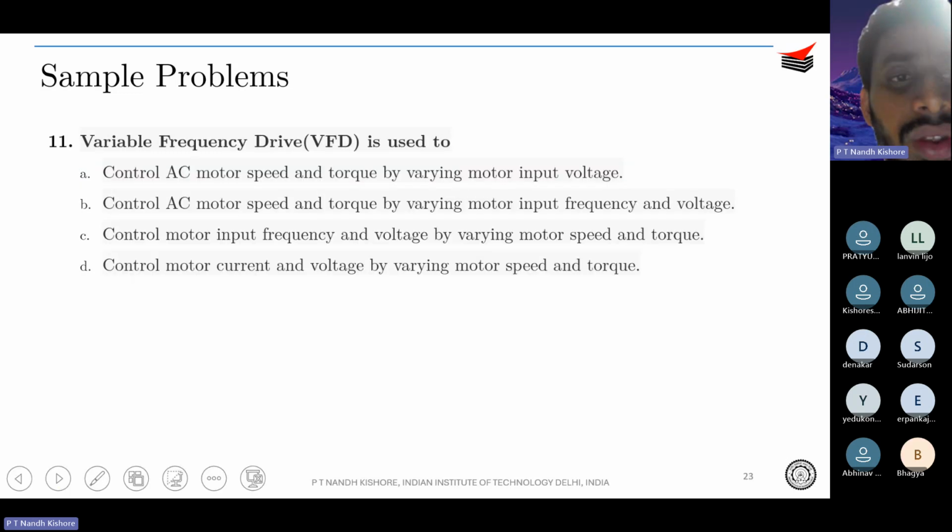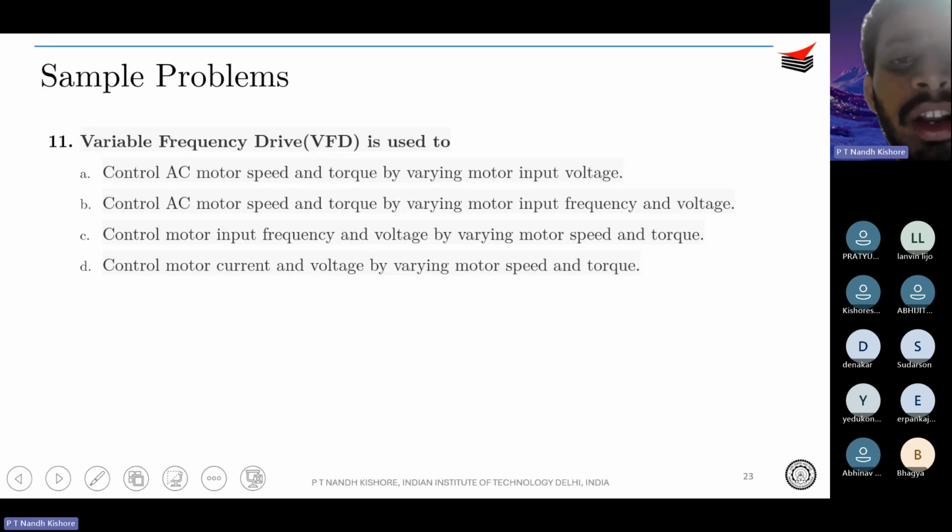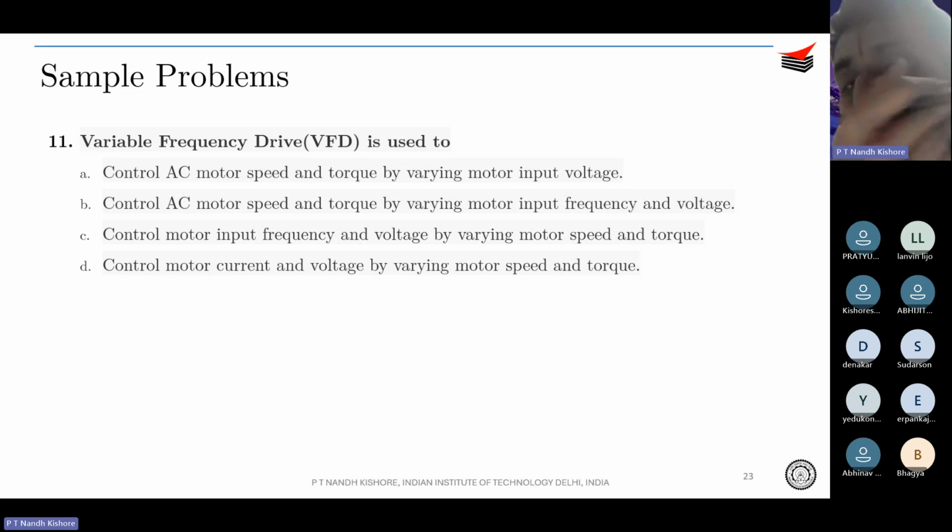Okay, so the next question is about VFDs. Some of you may not have learned about VFDs, but this question is not too deep into that. So what are variable frequency drives? As you can understand from the terminology itself, it is a drive.